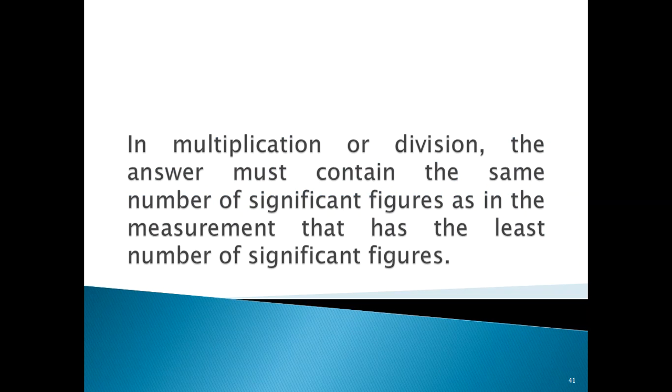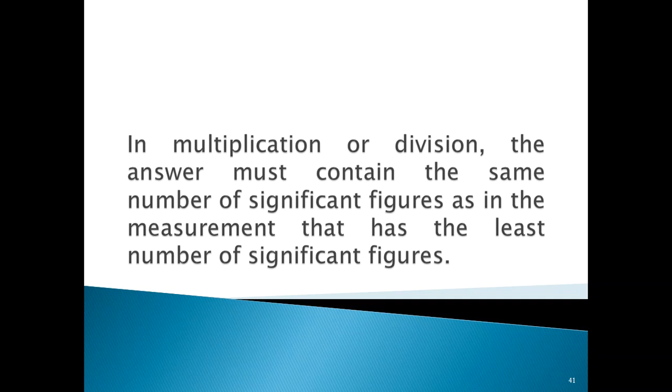So there are two situations that we're going to look at. The first is where we either multiply or divide measured numbers, and then later on we're going to look at what happens when you add or subtract numbers. So in the case of multiplication or division, the final answer that you end up with must contain the same number of significant figures as the measurement involved in the calculation that has the least number of significant figures, right?